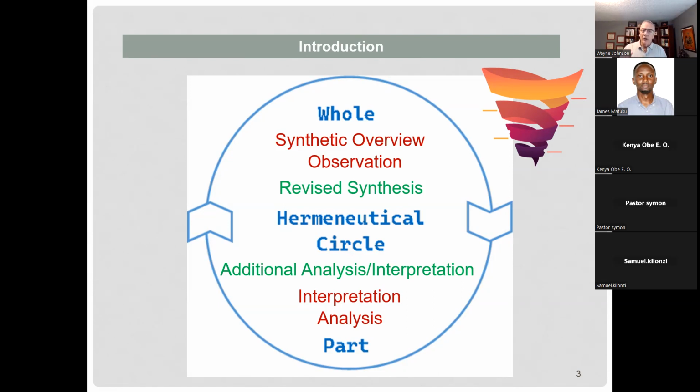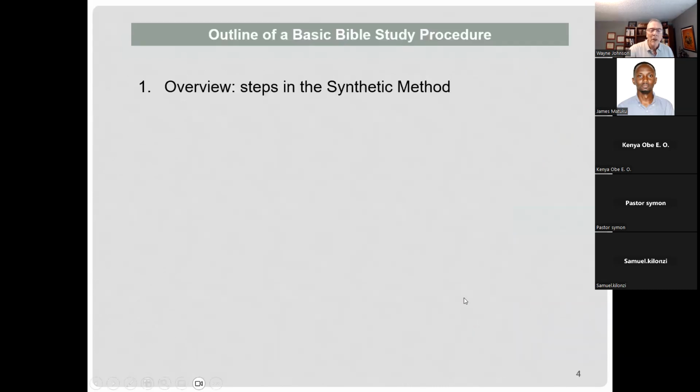Some people prefer to call it a hermeneutical spiral, where we start with a look at the whole, then we study the parts, so we reevaluate the whole and go back to the parts. The more you study a passage over the years, the better your understanding will become. And so we get closer to the truth, to a fuller understanding of the truth. That's kind of how this works and how we will be proceeding.